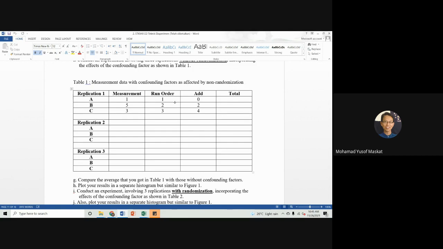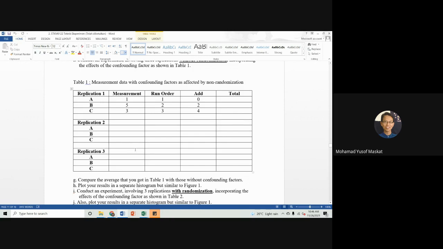So for example, you are going to do a study, an experiment that involves 3 treatments: treatment A, treatment B, and treatment C. And the results that each of these treatments will produce: for treatment A, the result will be 1. For treatment B, the result will be 5. For treatment C, the result will be 3.